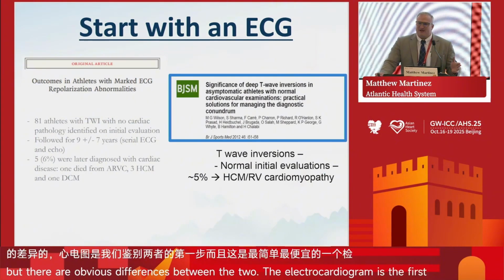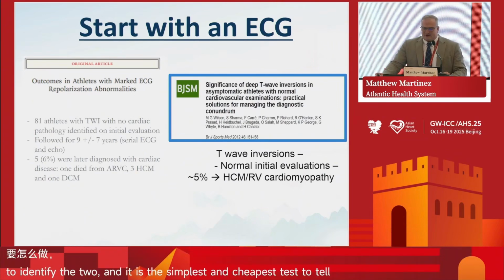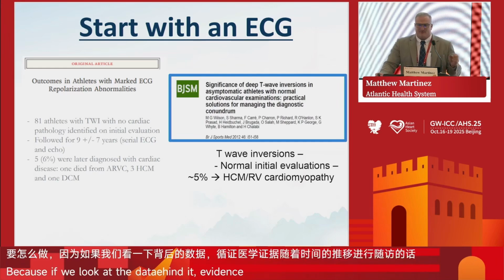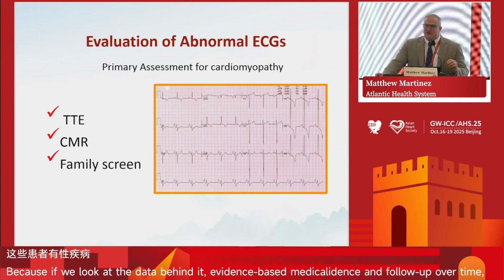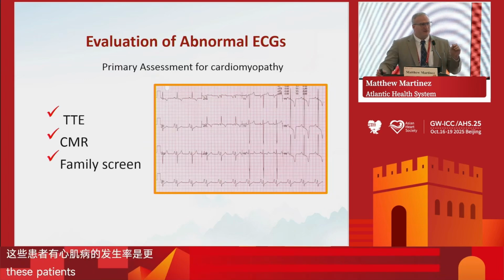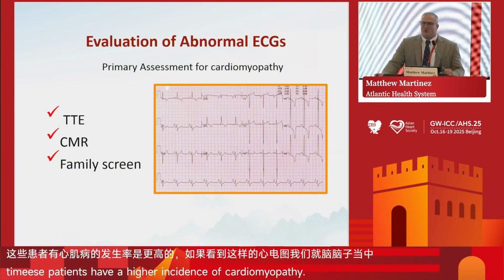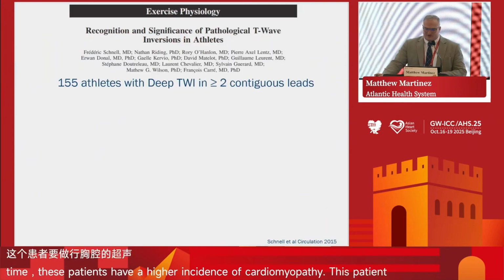Because if you look at the data on this, if you follow them over time, they have a very high likelihood to develop hypertrophic cardiomyopathy or any type of cardiomyopathy, specifically with T-wave inversions. So when you see such an ECG, you should be comprehensive. Transthoracic echo, cardiac MRI, and family screening or follow-up are going to be important ways you sort this out. Is this pathologic or is this physiologic?